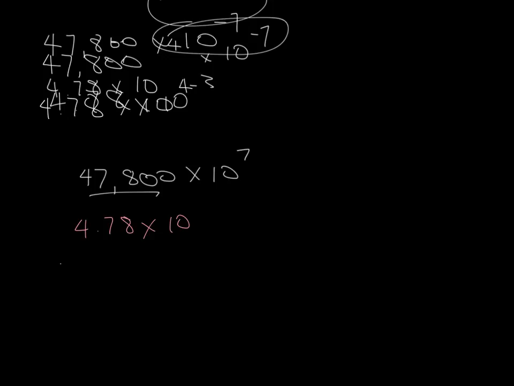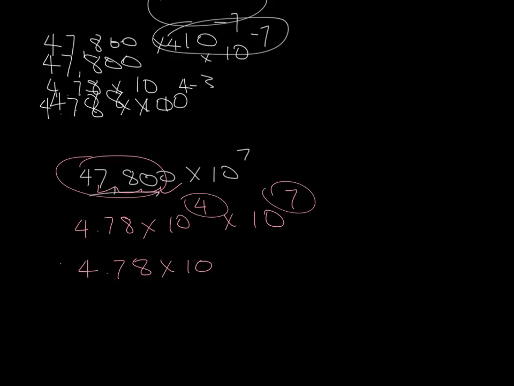How many did we move it? 1, 2, 3, 4. And in order to put it back into this form, we had to move it to the right, so it's a positive. And that's there. So 4.78 times 10, 4 plus 7 is 11. And we're done. Okay, so that is it for lesson number 74.